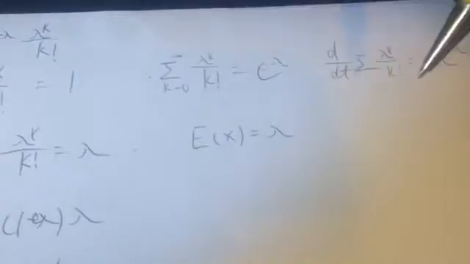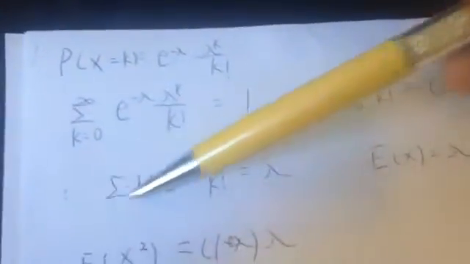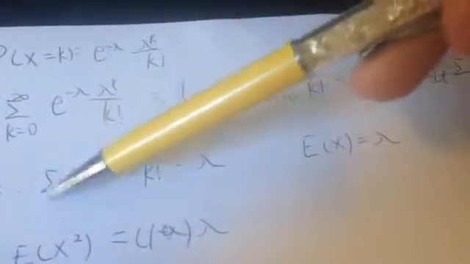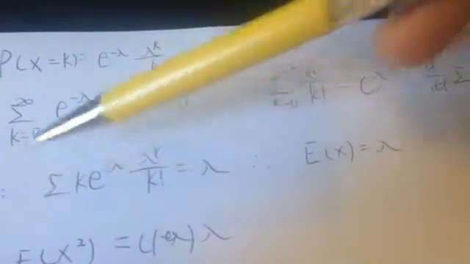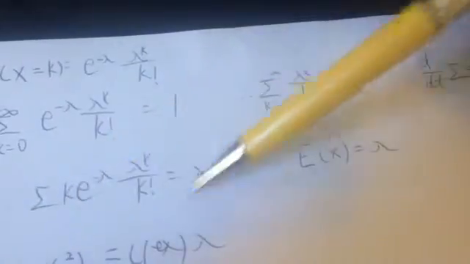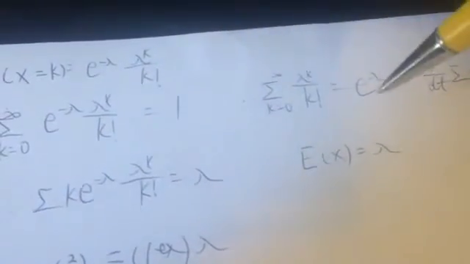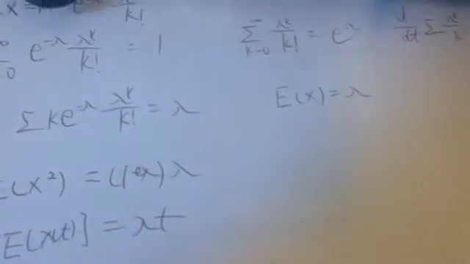And here we take the derivative of both sides of this equation, then we get this. Look at the left side of this equation. This is the definition of the expectation of X. So the expected value of X equals lambda.